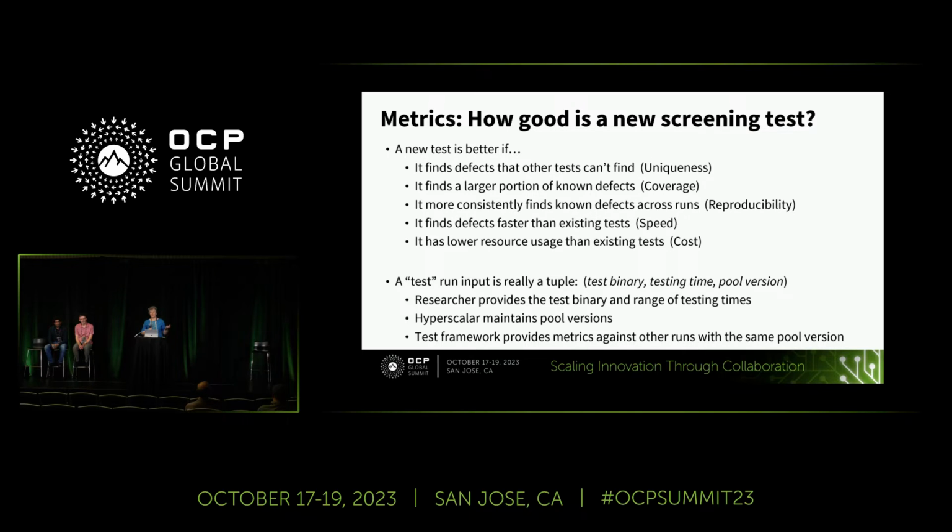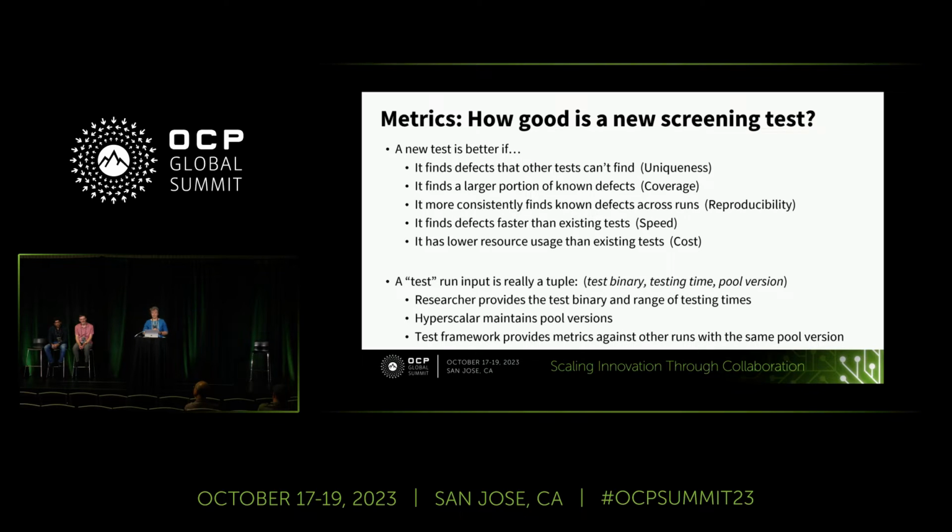As probably all of you intuitively know, a test is more than just the binary, which is going to be provided by the researcher or by the silicon vendor or by the CSP. A test is a tuple that includes the test time, and the hyperscaler is going to determine what test times are manageable in the data center, as well as the pool version, the hardware that we're testing on.